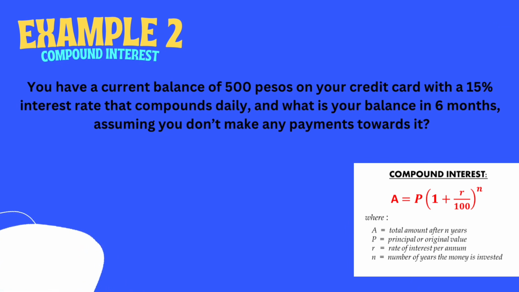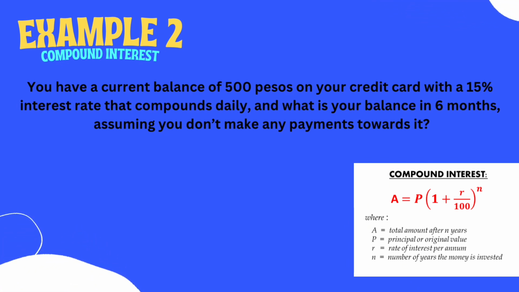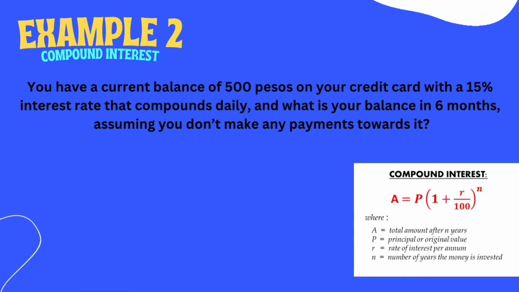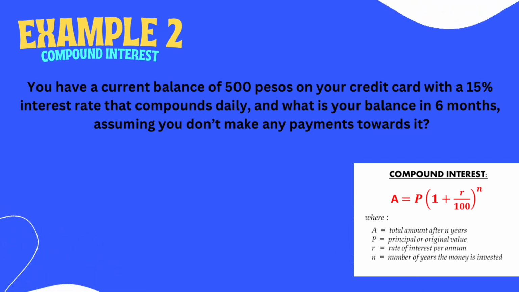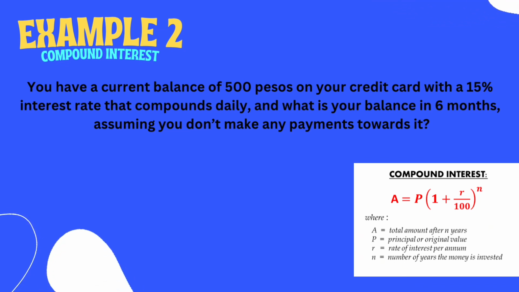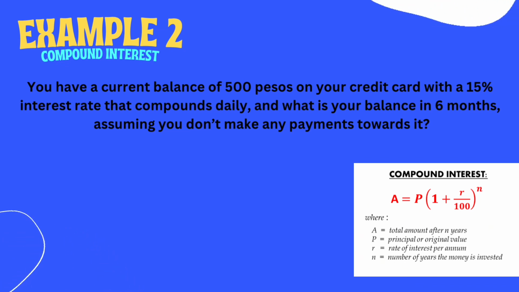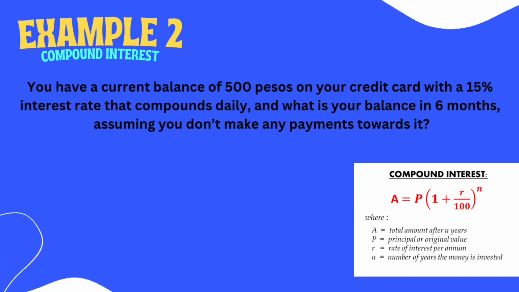Now, this example is pretty scary kasi like I mentioned earlier, pag mga loan, borrowing money, in-apply yung compound interest, meaning interest on top of interest. So, maaaring mabaon ka sa utang. Credit card companies, for example, use this type of interest, which means paying interest on top of interest when you don't pay them back.